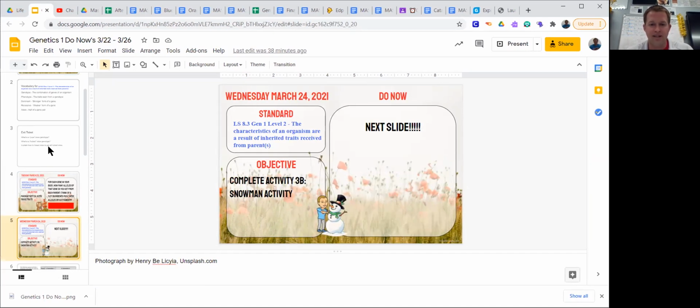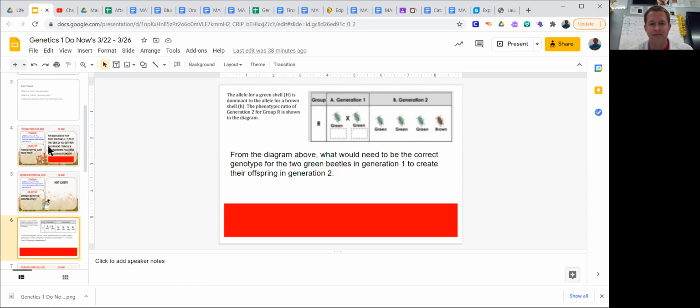The next one, today, Wednesday, you're doing activity 3B, snowman genetics. And for this one, you're looking at this picture and you need to write out the alleles. For the diagram above, what would need to be the correct genotype for the green beetles in generation 1 to create their offspring in generation 2?